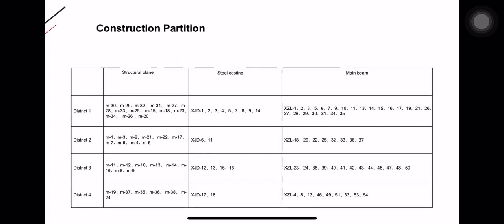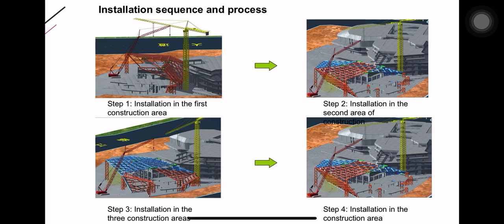The steel structure of the multifunctional hall roof is divided into 4 construction areas, and the installation is gradually carried out according to the partition structure. The schematic diagram of the plane partition is as follows.